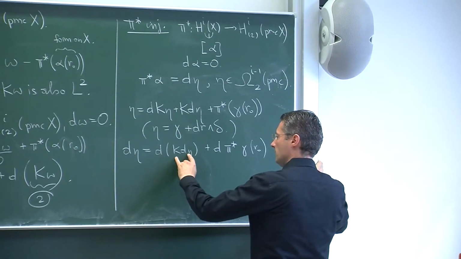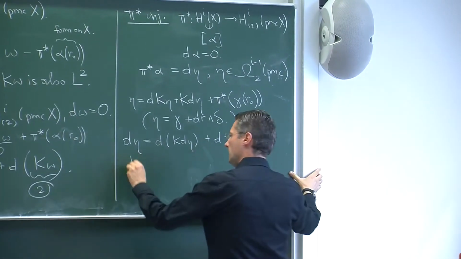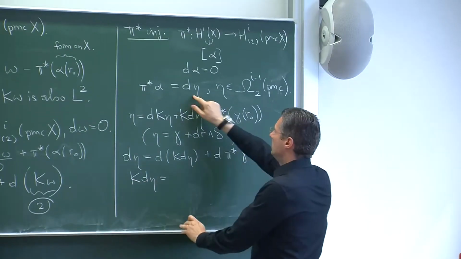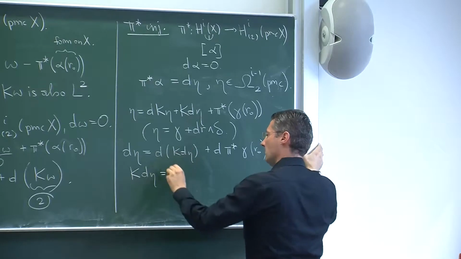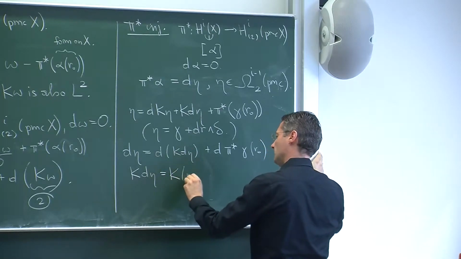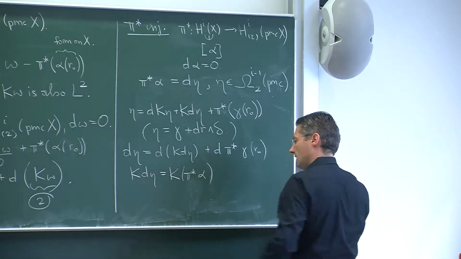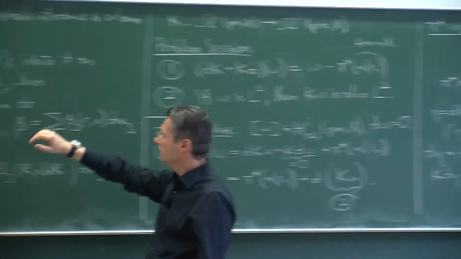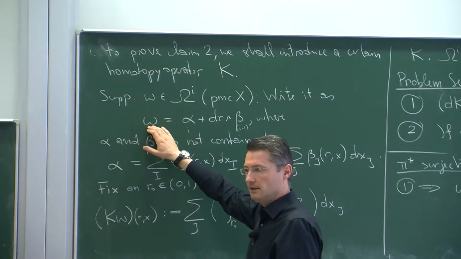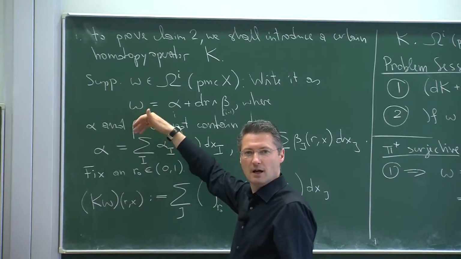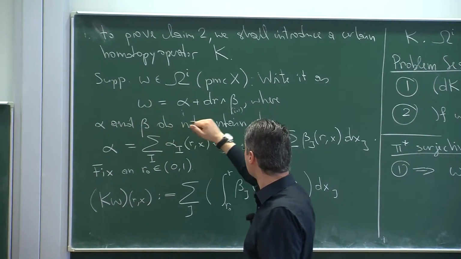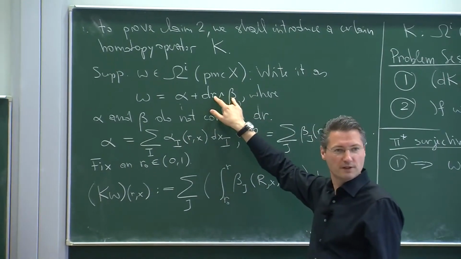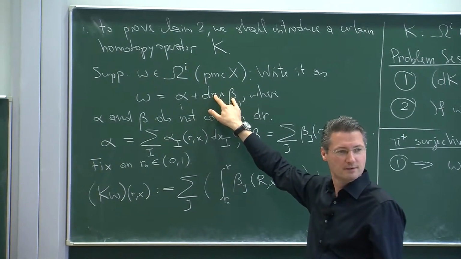So what about this term here? K d eta. Well, d eta is pi star alpha. So this is k of pi star alpha. But if I know that a form omega does come as a pullback of something from X, well then clearly the beta is 0 because there is no dr component, right?